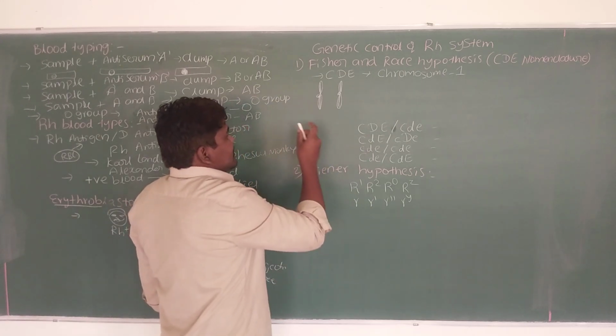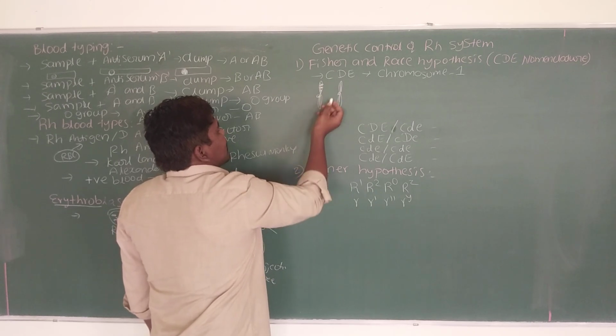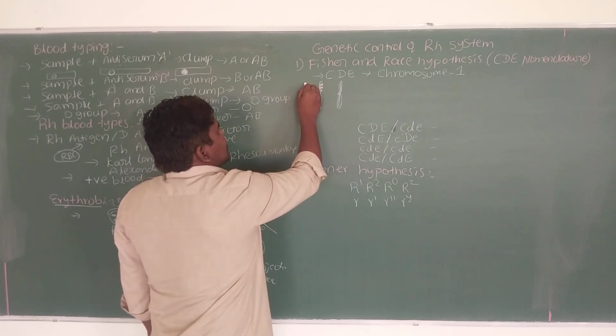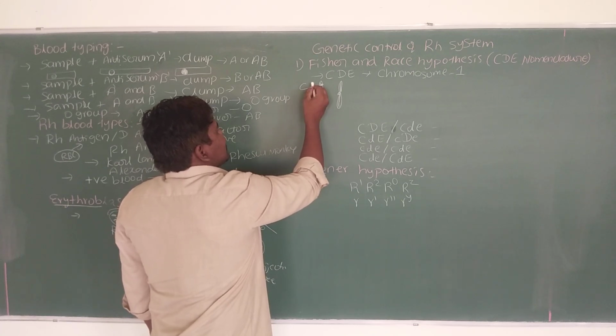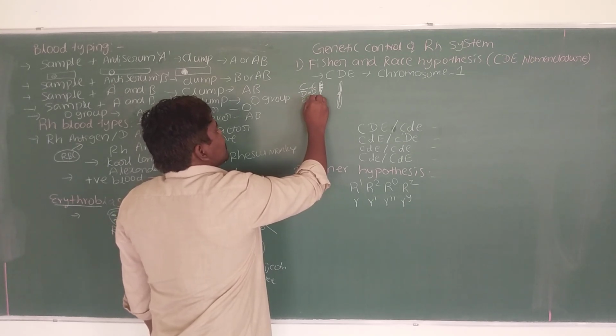At different places of these homologous chromosomes, we can see the 3 alleles, that are capital C or maybe small c, capital D or maybe small d, next capital E or maybe small e.